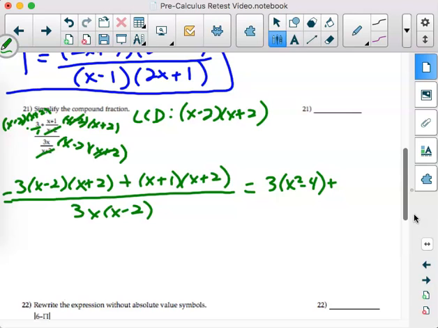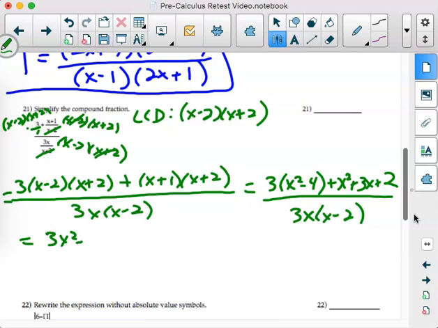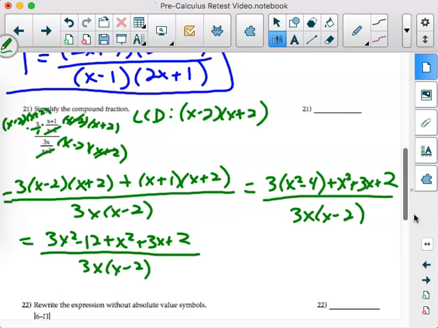And then for the back 2, we would have x squared plus 3x plus 2, over 3x times the quantity x minus 2. So continuing on and distributing the 3, we'd have 3x squared minus 12 plus x squared plus 3x plus 2 all over 3x times the quantity x minus 2.